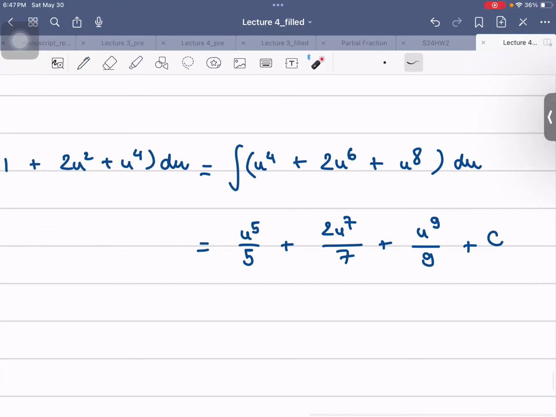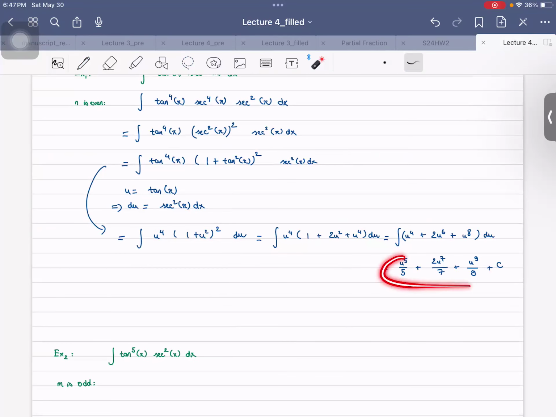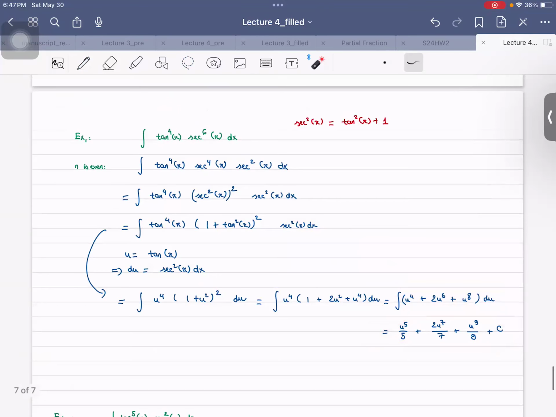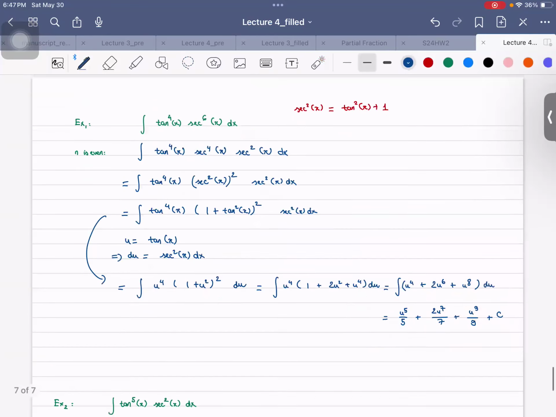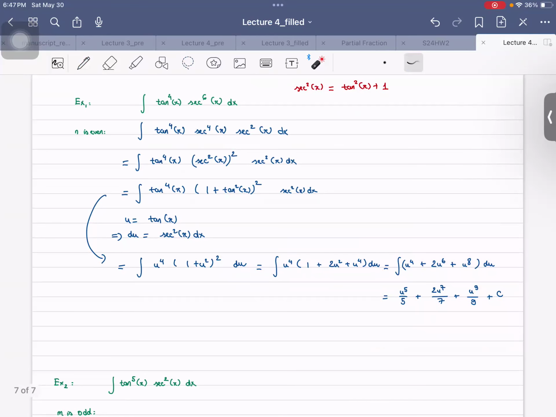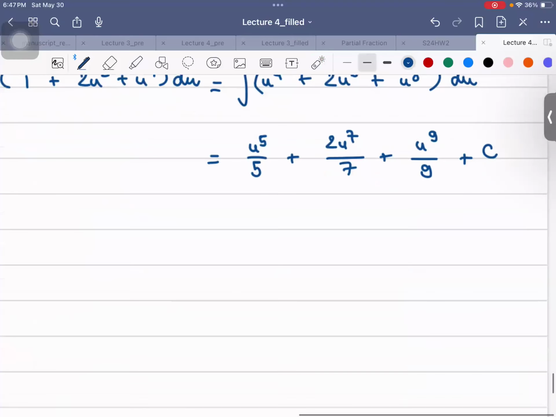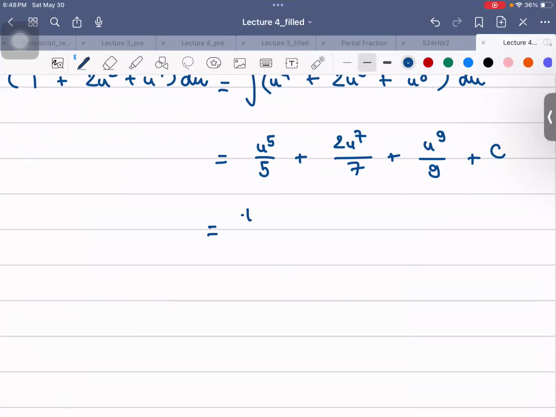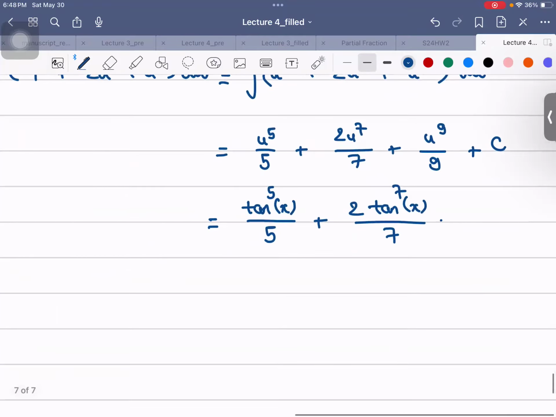And finally, remember to return the result to a function in terms of x. Initially, we set u equal to tangent of x, so we have tangent of x to the power of 5 divided by 5, plus 2 times tangent of x to the power of 7 divided by 7, plus tangent to the power of 9 of x divided by 9, plus c.